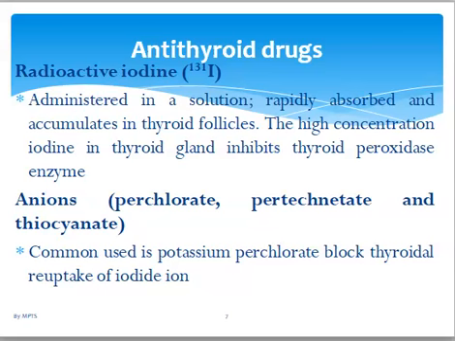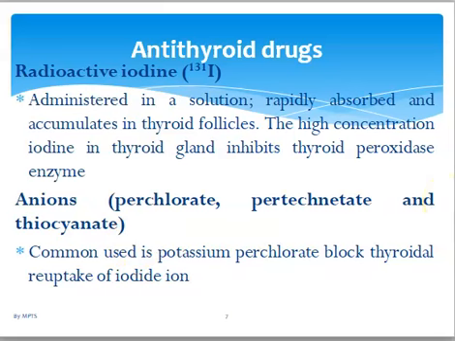The other is radioactive iodide. This one is administered in solution, rapidly absorbed and accumulated in thyroid follicles. The high concentration of iodine in the thyroid gland inhibits the thyroid peroxidase enzyme. We have also the anions, the perchlorate, and thiocyanate. They inhibit the symporter, the uptake of iodide ion.